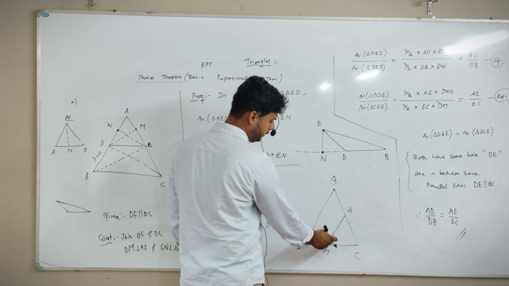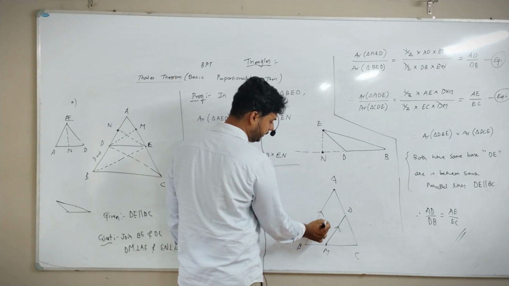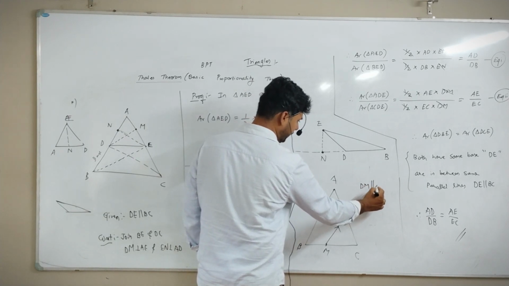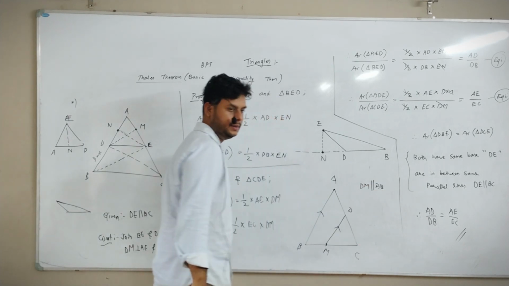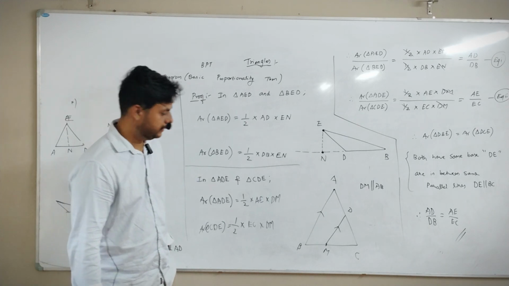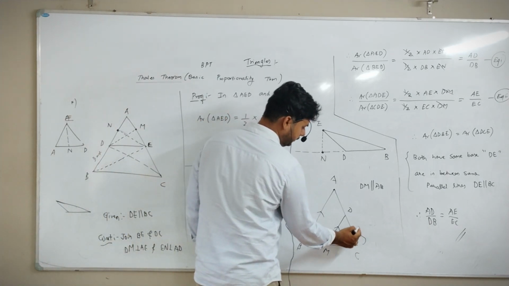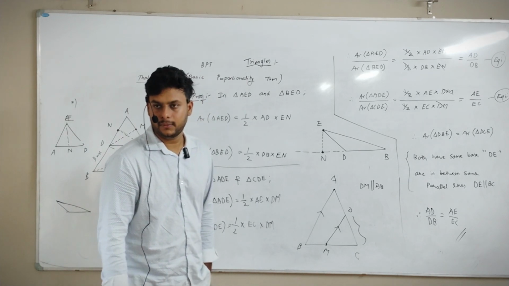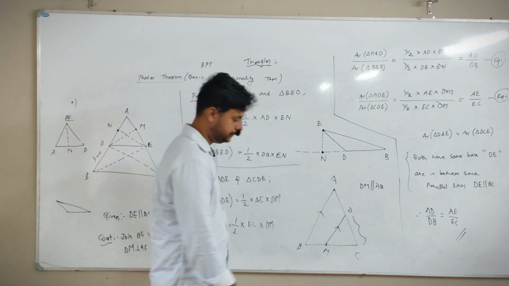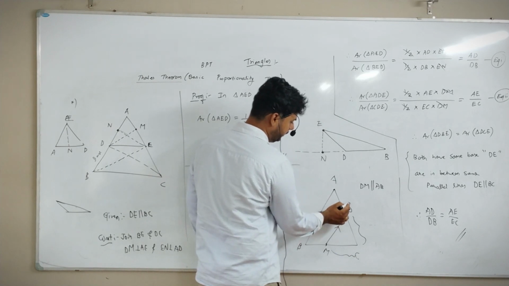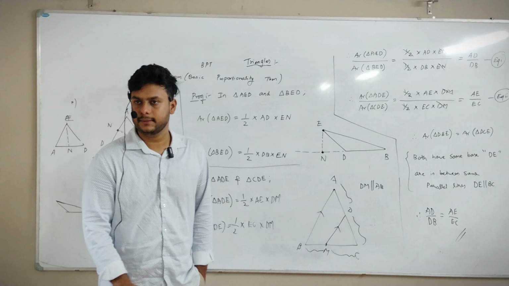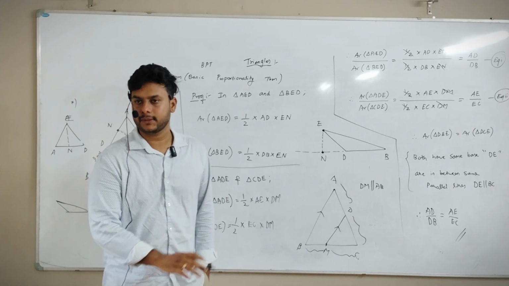If DM is parallel to AB, then CD will be equal to CM, and DA will be equal to BM. This is what basic proportionality tells us.